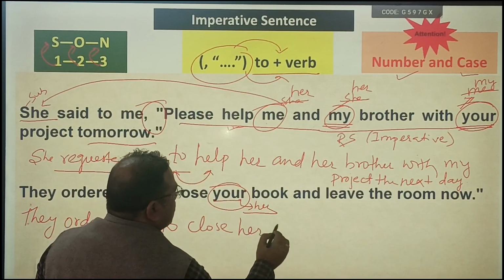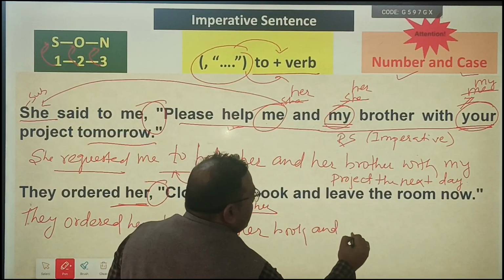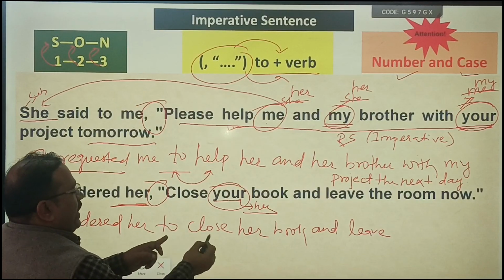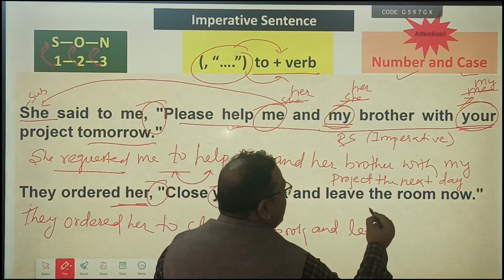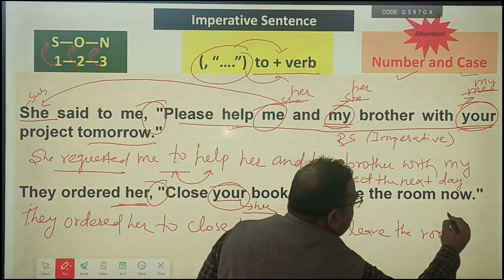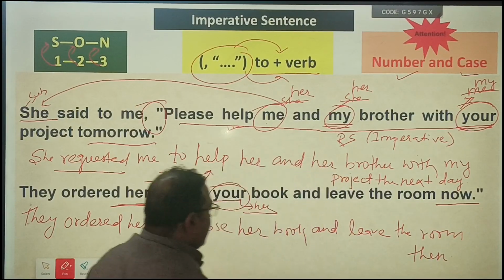So close her book and leave. After to, what we use? V1, original form of verb, to close and leave the room. Now is time reference will be changed into then.